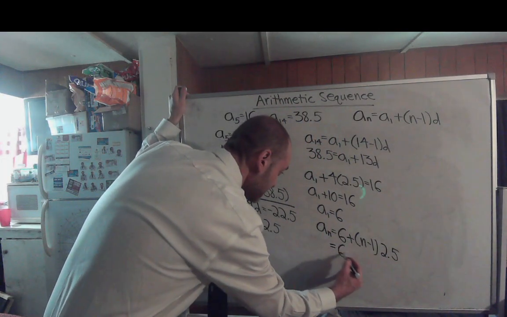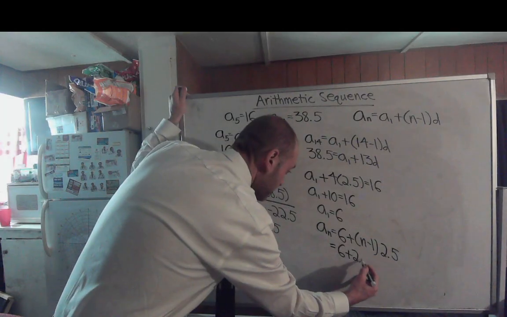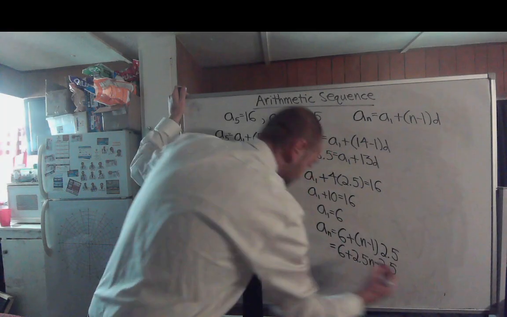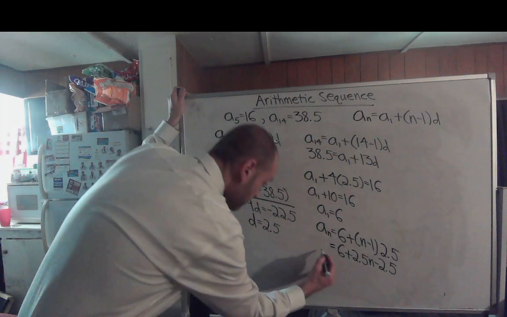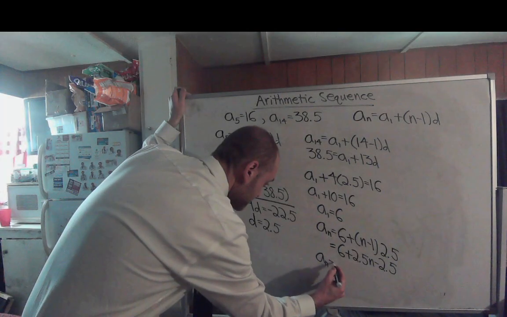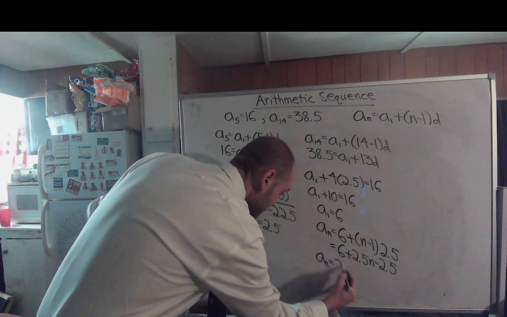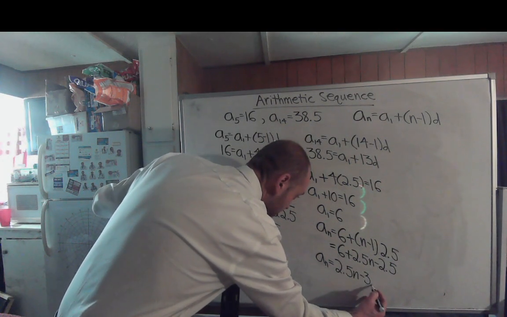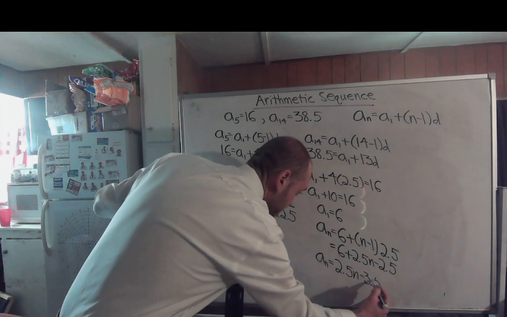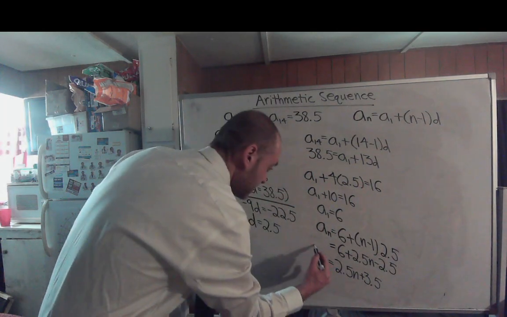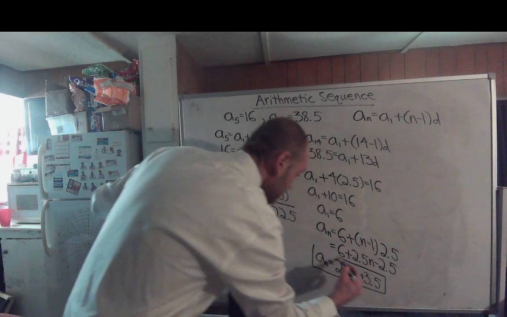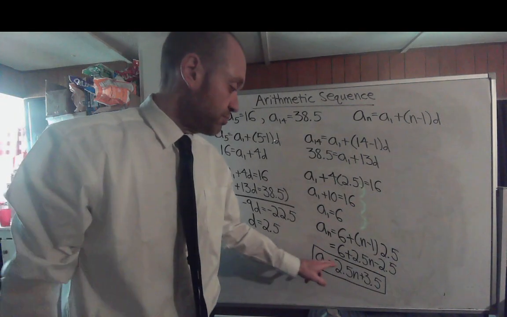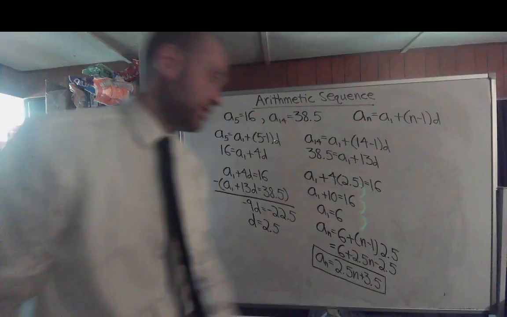You'll have 6 plus 2.5n minus 2.5, which means my final answer for the simplified formula would be a sub n equals 2.5n plus 3.5. Sorry, I said minus at first, but it's plus 3.5. So the explicit formula ends up being 2.5n plus 3.5.